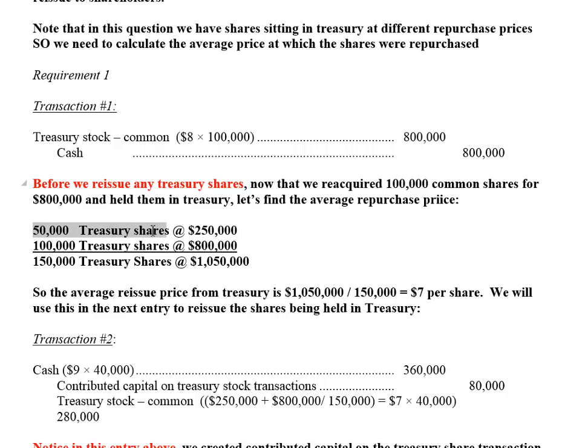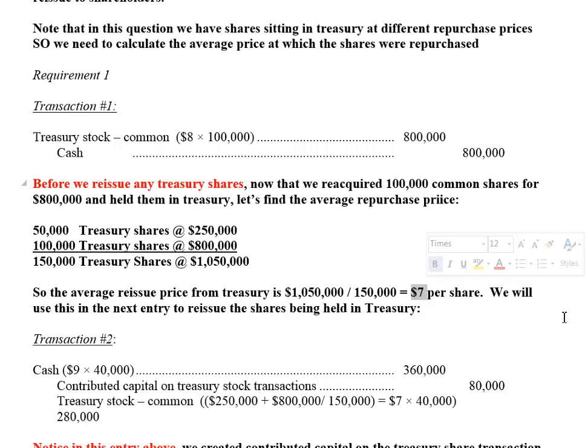Initially we had 50,000 shares sitting in Treasury at $250,000, which we got from the equity section, and we just bought back in transaction 1 100,000 shares for $800,000. So on average, we have 150,000 shares that cost $1,050,000 to buy back, so on average it cost us $7 per share.